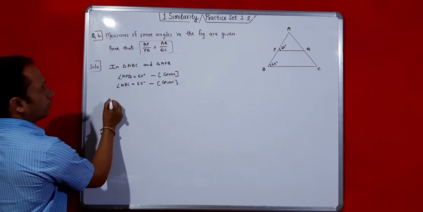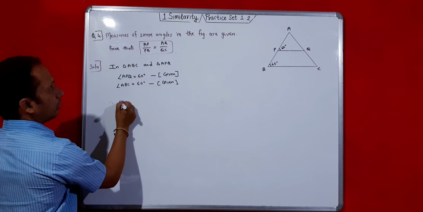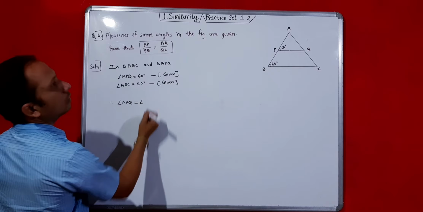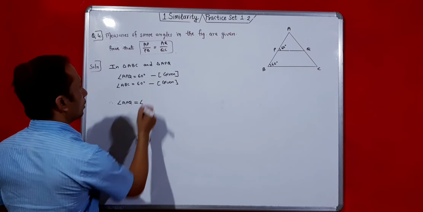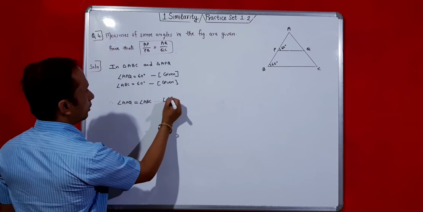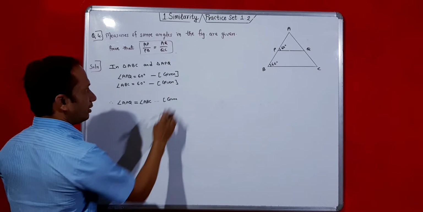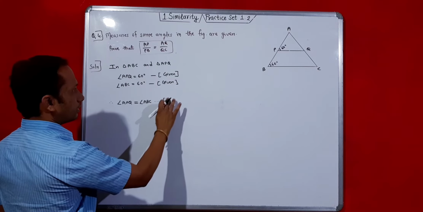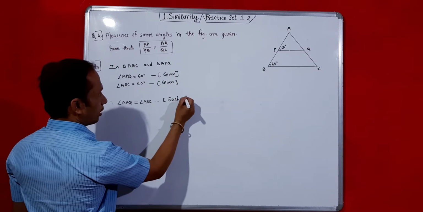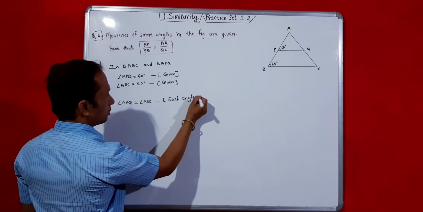Therefore angle APQ is equal to angle ABC. This is given, each angle is 60 degrees.